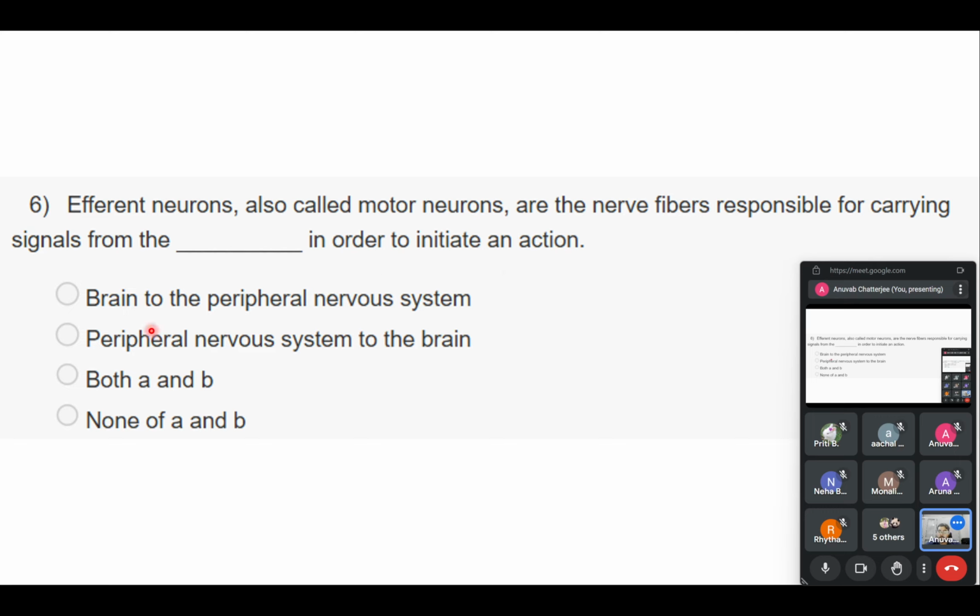The options are: efferent neurons carry the information from the brain to the peripheral nervous system, from the peripheral nervous system to the brain, both A and B, none of A and B. You can put whatever you think is the correct option into the chat. Achal says it is A, brain to peripheral nervous system. Anyone else?